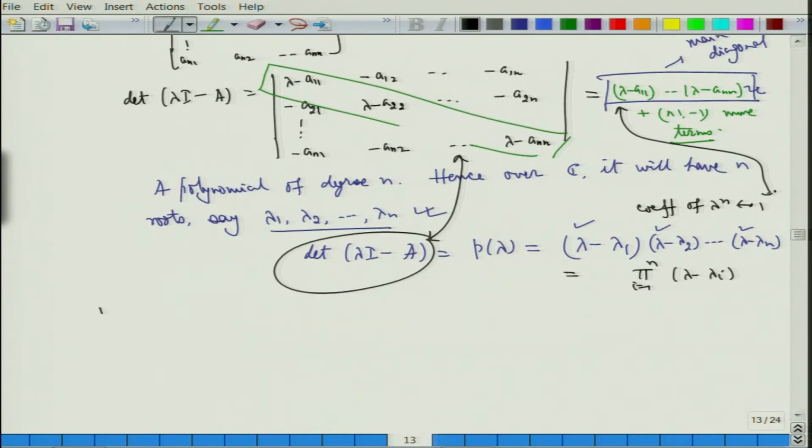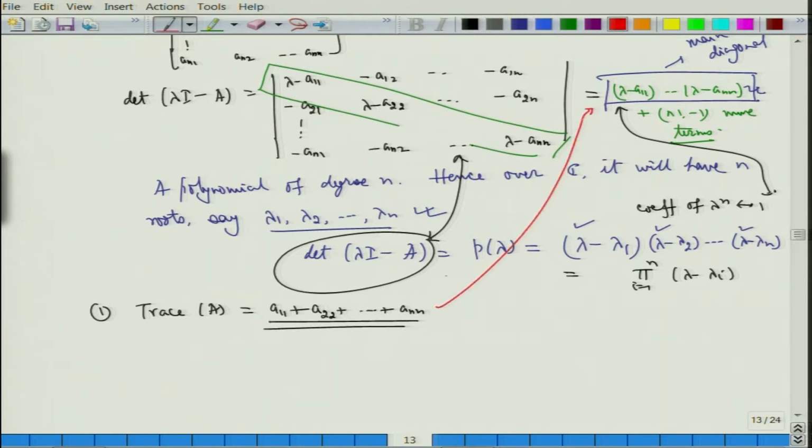So, first thing is, what about trace of A? How do I get trace of A? So, what we know is that trace of A is nothing but A11 plus A22 plus ANN, all right. Now, where does that term appear? So, if I look at this, this thing appears at this place. Look at the main diagonal here, fine.